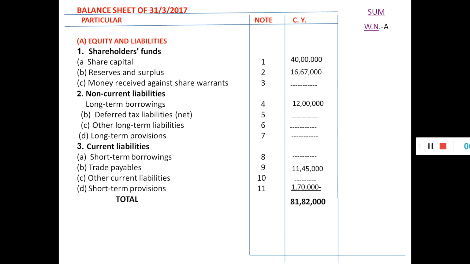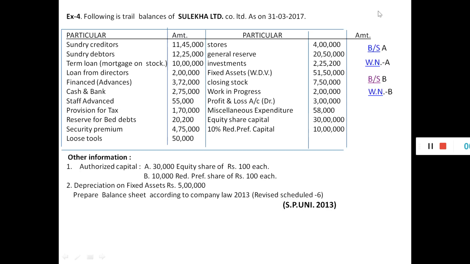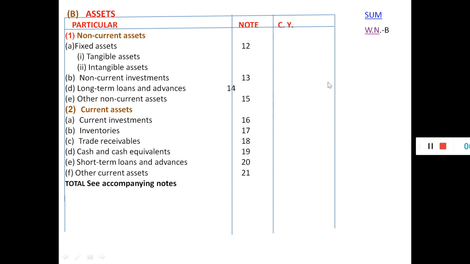Now go to prepare the other side of the balance sheet. Fixed assets, note number 12. Go to the working note. Fixed assets, tangible fixed assets 51 lakh 50,000 as per the sum.